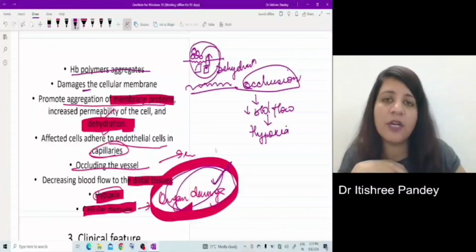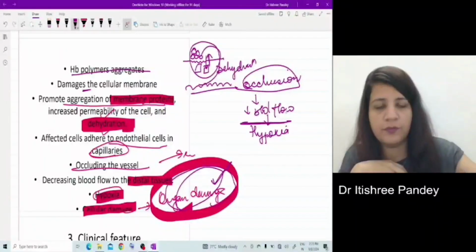So in sickle cell there is multiple organ damage which happens because of the decreased blood flow.